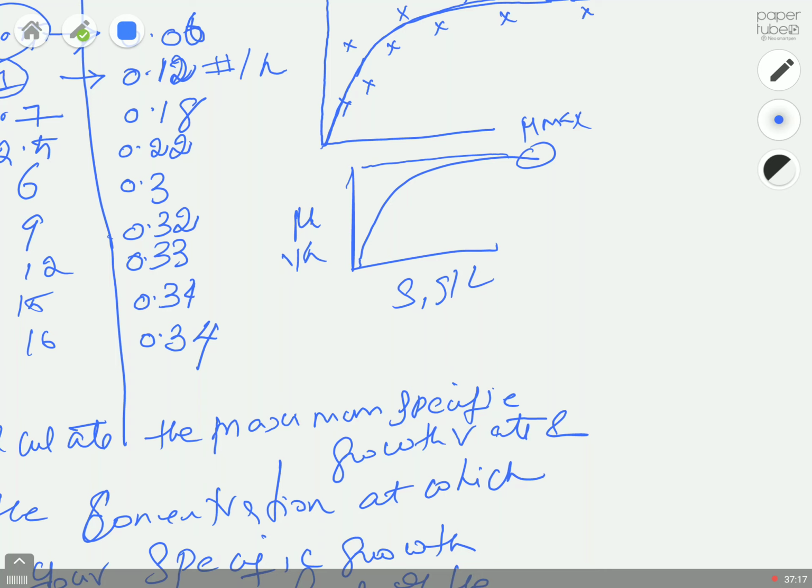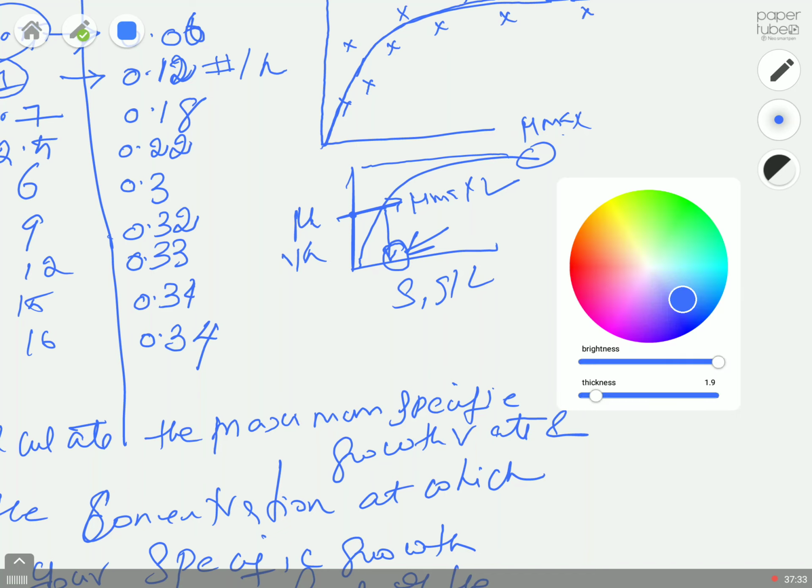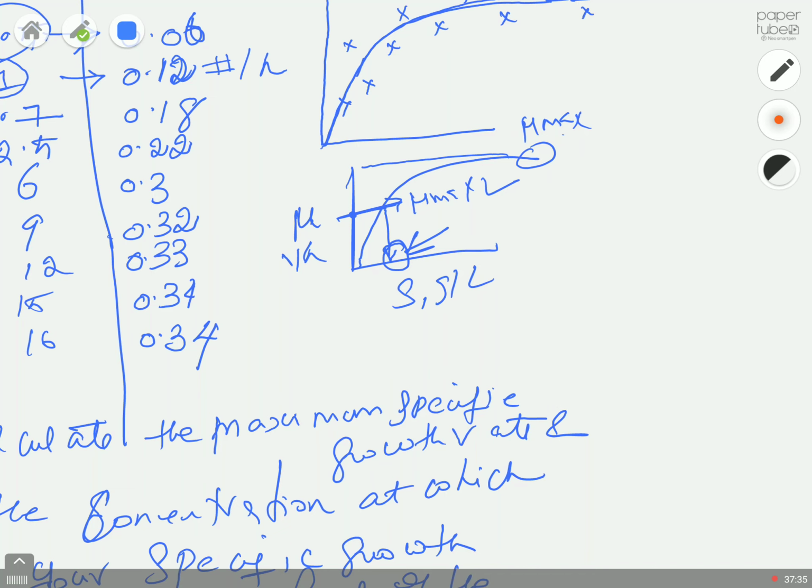I can take the maximum specific growth rate, take half of that number, and come back here to read off the substrate concentration. If this is your mu max by 2, you draw one line here and come down, and this will be equal to your Ks value.